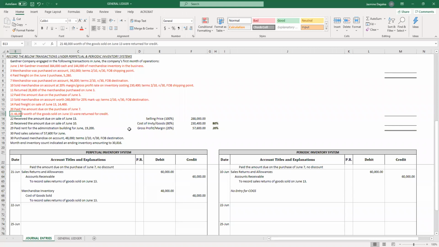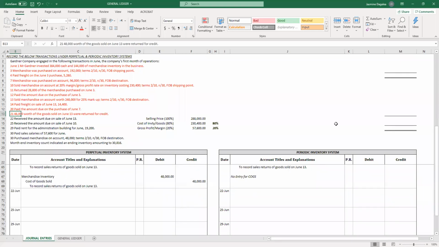Markup on cost, yun lang yung lagi nyong tandaan. Markup on cost. Margin on selling price. So, yung percentage ng markup, i-multiply mo sa cost. Yung percentage ng profit margin, multiply nyo sa selling price. Yun lang yung lagi nyong tandaan sa computation ng profit.